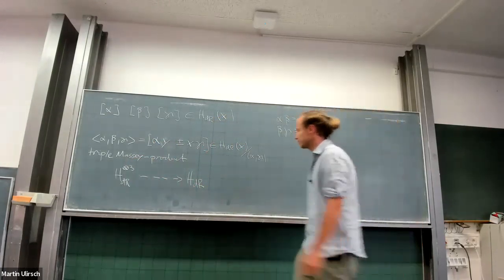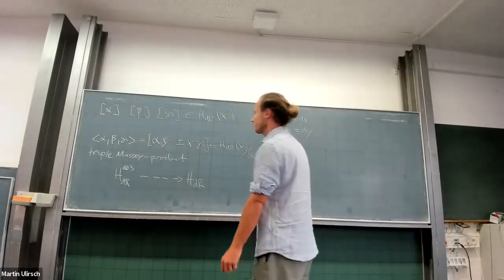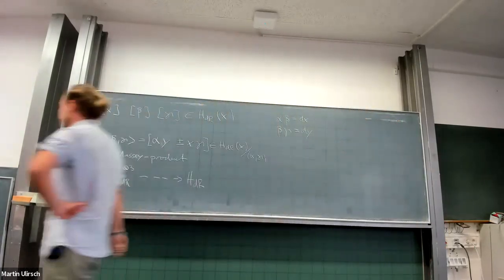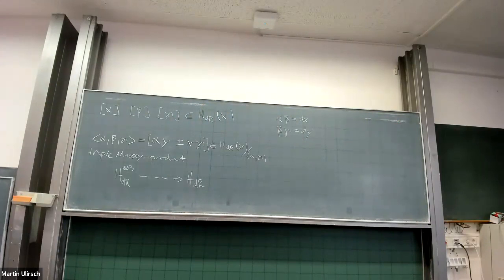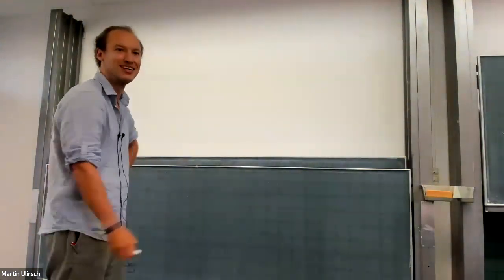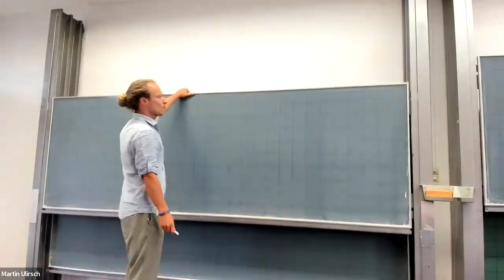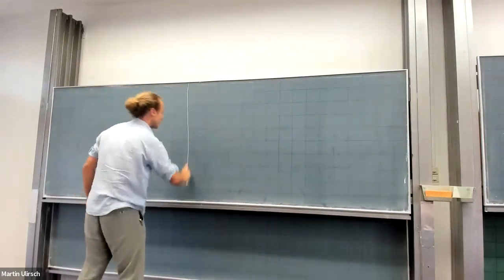Okay, so we have this new operation. What can we say about that? Maybe let me first give an example showing that it can actually be interesting. Maybe this is always 0.